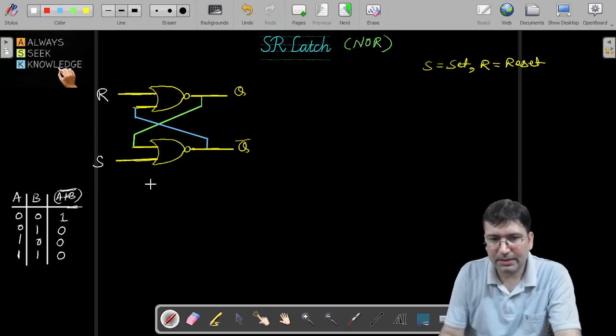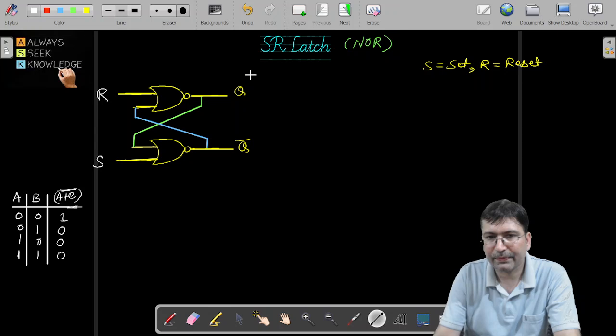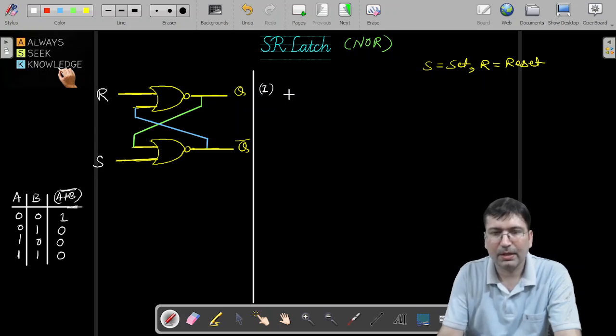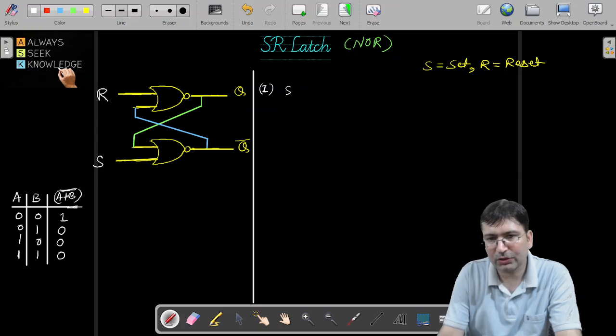So let's consider case 1. Let's say the very first case in which the S pin, set pin, is high and reset pin is low.